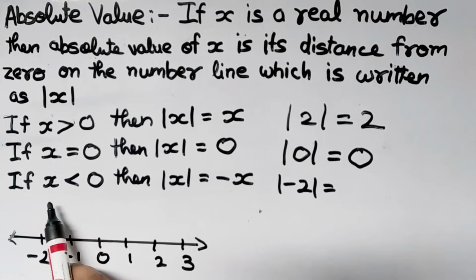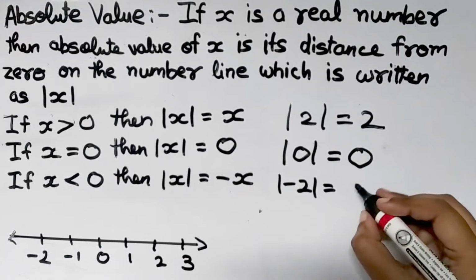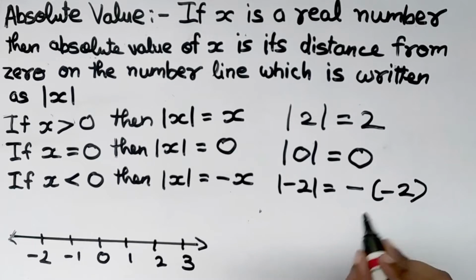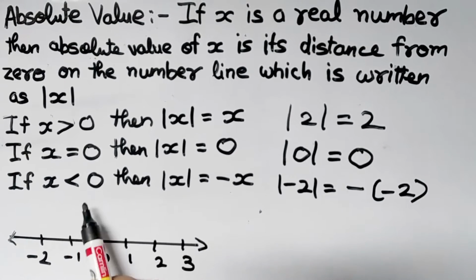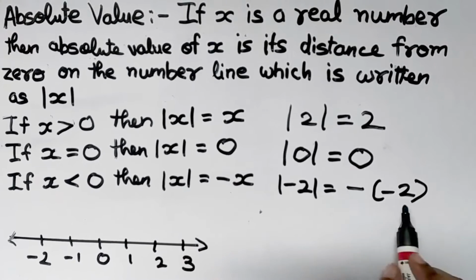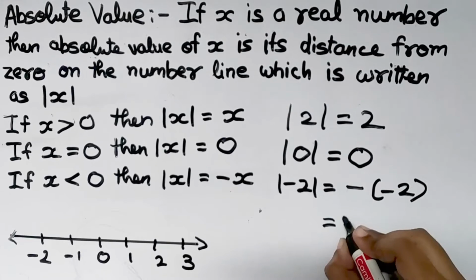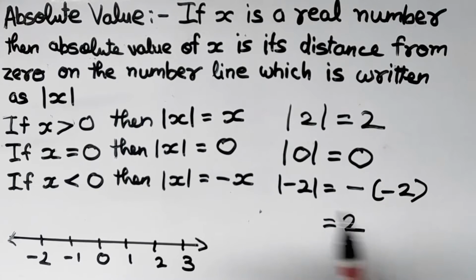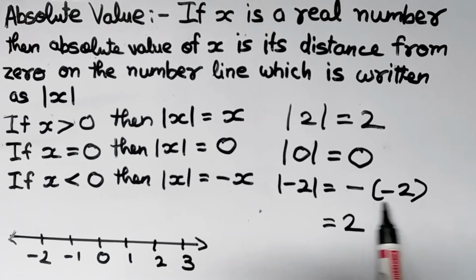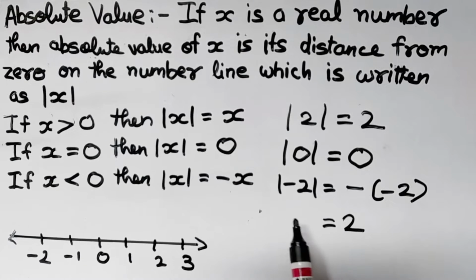Minus 2 is less than 0, so the absolute value of minus 2 will be minus of minus 2, which is equal to, minus into minus becomes plus, so plus 2. This means the absolute value of a negative number is the opposite of that number. Here the opposite of minus 2 is 2.